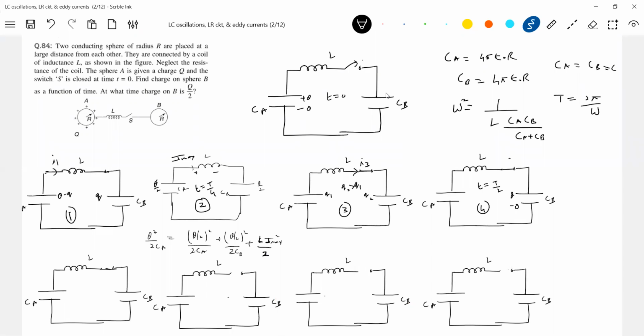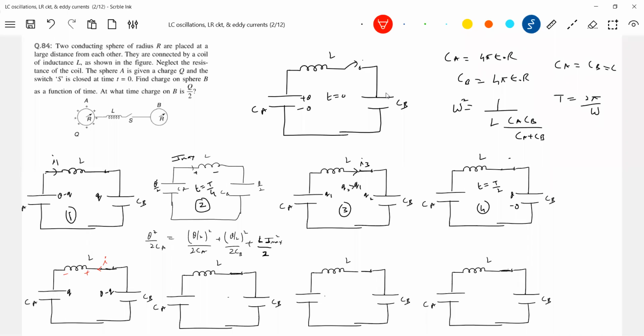The switch is closed. After this, again this will start discharging. Q minus Q, this will acquire a charge Q and the current will flow in this direction. This will be positive, negative. Capacitor B will be discharging, capacitor A will be acquiring charge.